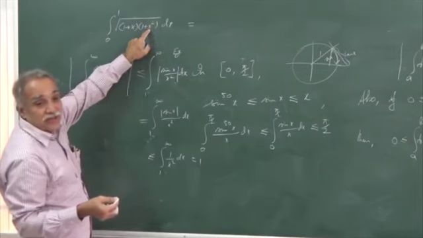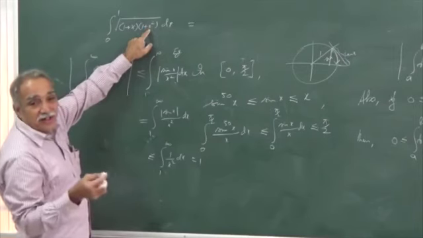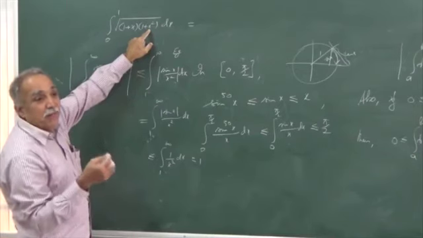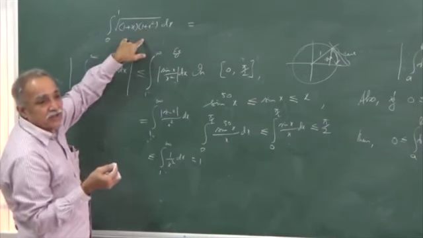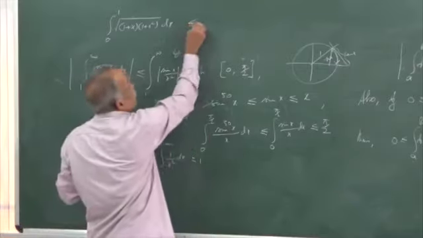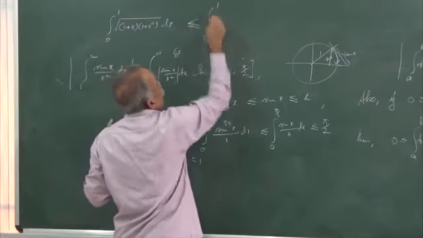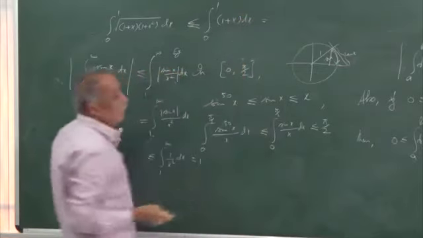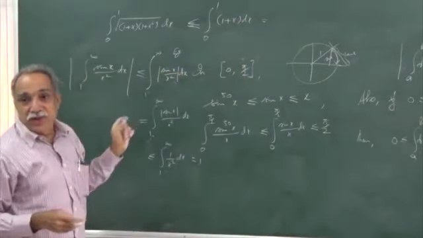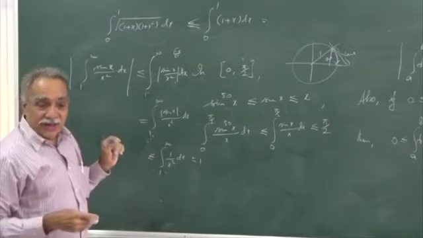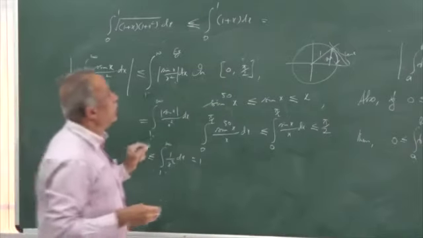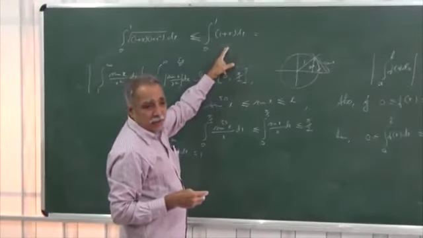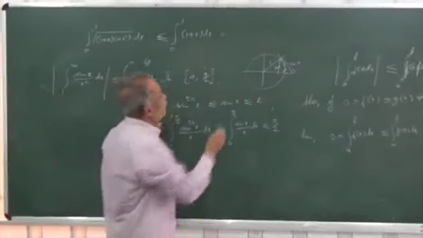Suppose you replace this x square by x, integrand takes a very simple form, and the value you get will be an upper bound for the actual value of this integral. Because x square is less than or equal to x. And this is simply 1 plus 1/2, I think, 3/2.